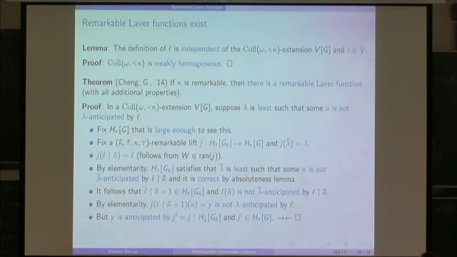And so by elementarity, the smaller structure now thinks that lambda bar is least, such that some x is not lambda bar anticipated. Therefore, in particular, and it must be correct about this, which is key. So it thinks it's correct. This needs the absoluteness lemma. You think about it for a few minutes, you see why.